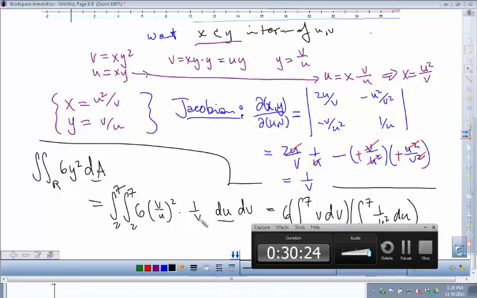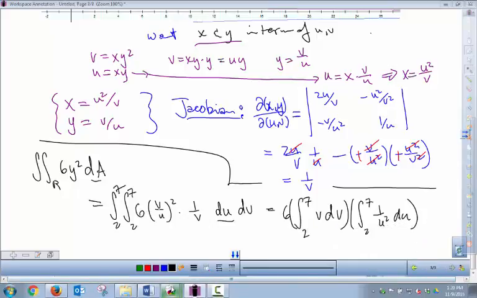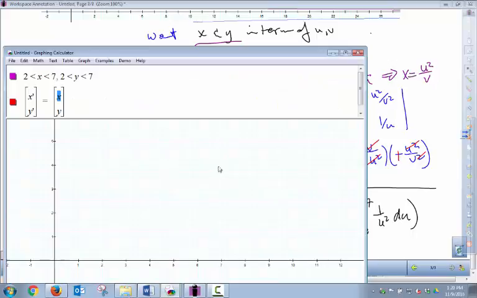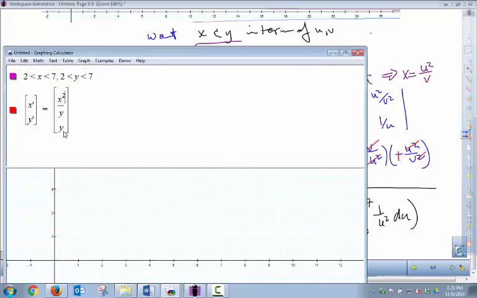So I'm going to use x squared over y. And then what was y equal to? v over u, which will be y over x.